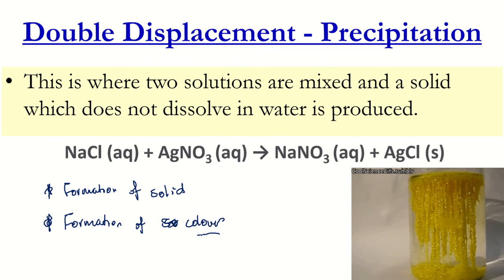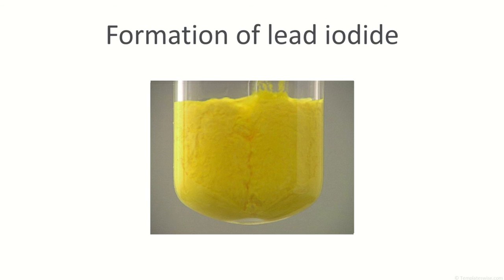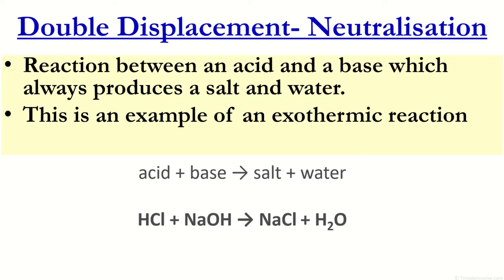So when these two come together, you know a precipitation reaction has occurred. Now, not all compounds mixed together will cause a precipitation reaction, only specific combinations. We will look into a bit more about precipitations later on in this series of lessons. Okay, so we have our lead iodide there.